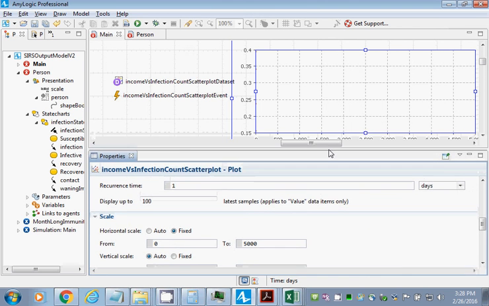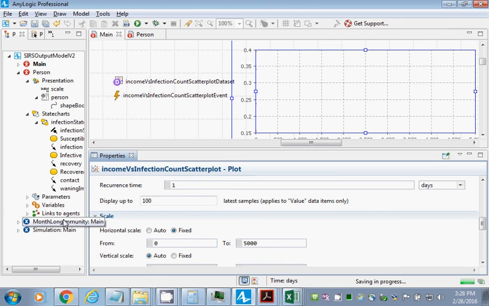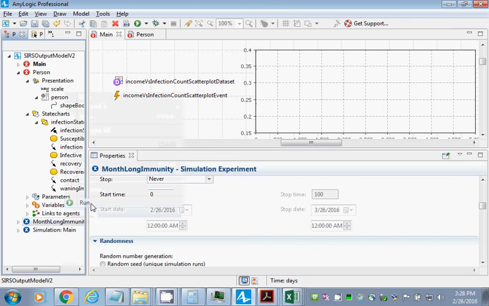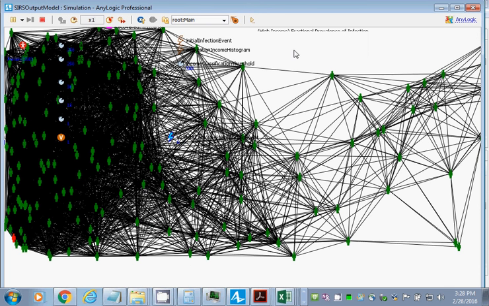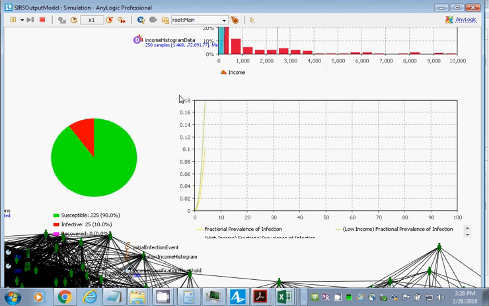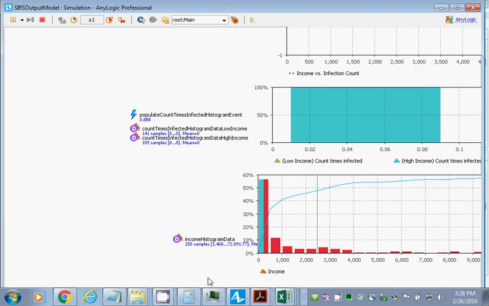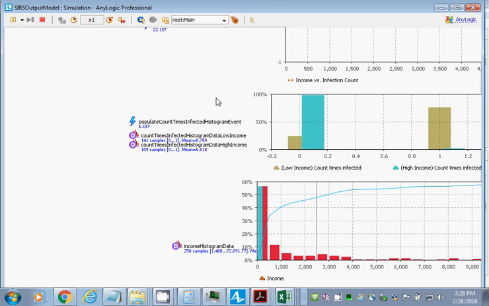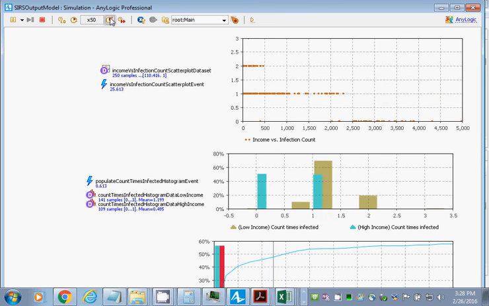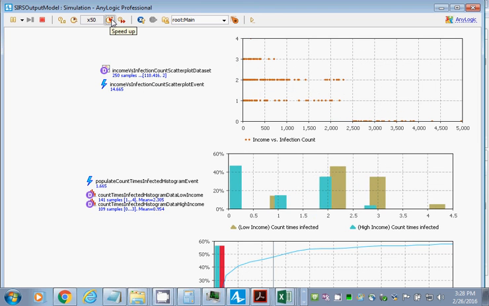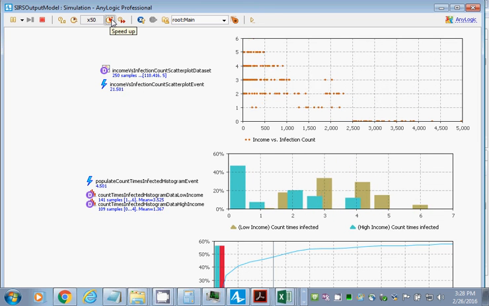Okay, so ladies and gentlemen, here's our scatter plot. This is plotting income on the x-axis and infection count on the other. Now, this is an example of an association of which I spoke this morning. You have some negative association between income on the one hand and infection count on the other.